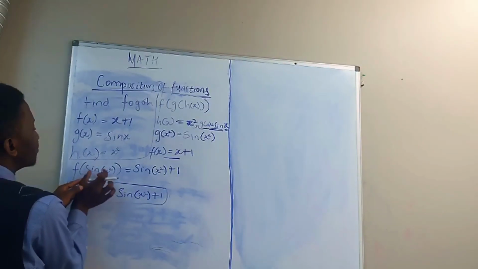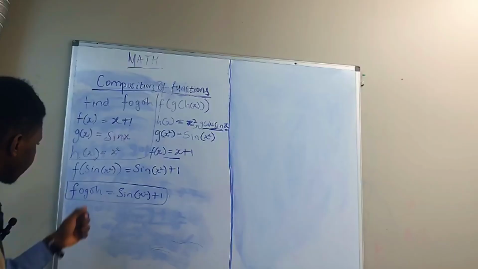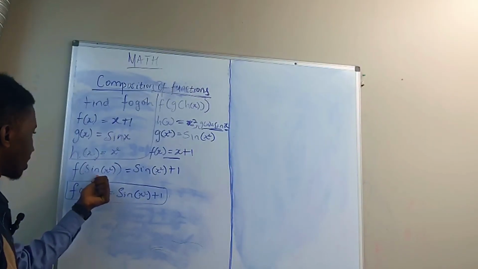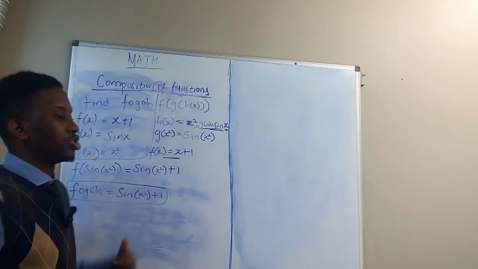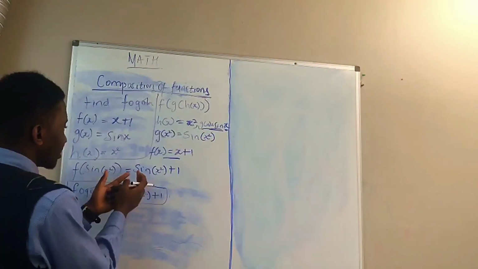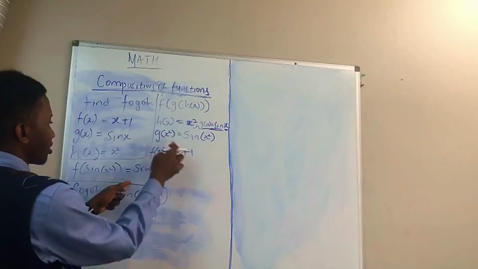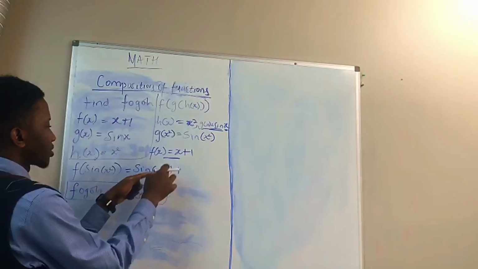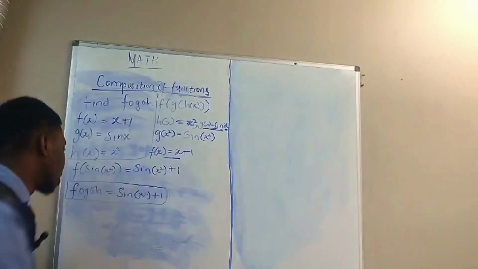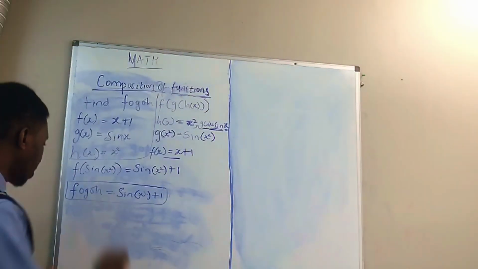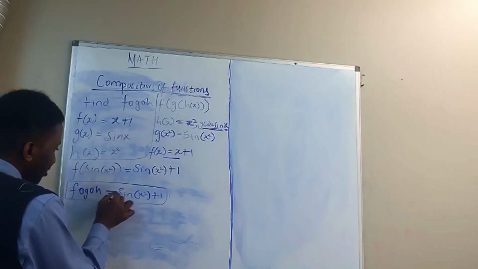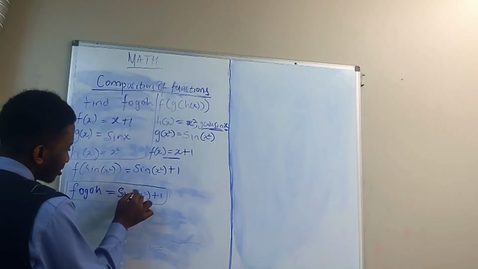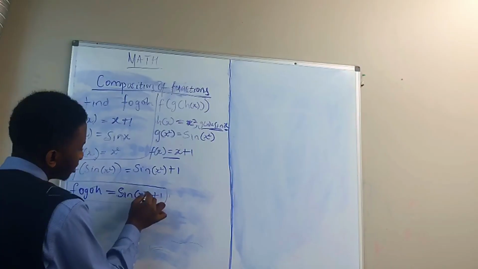So this is simply f of g of h. Now we substitute this function into the variable to generate an output. And so this is just sine of x squared, substituted for x, plus 1. Therefore f of g of h can be given to us as sine x squared plus 1.